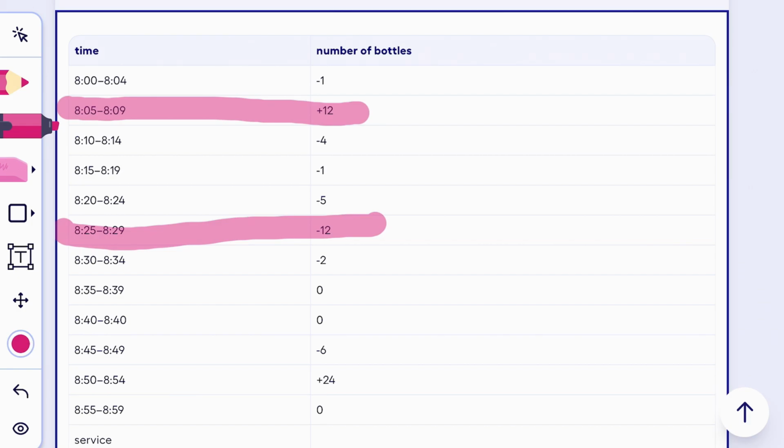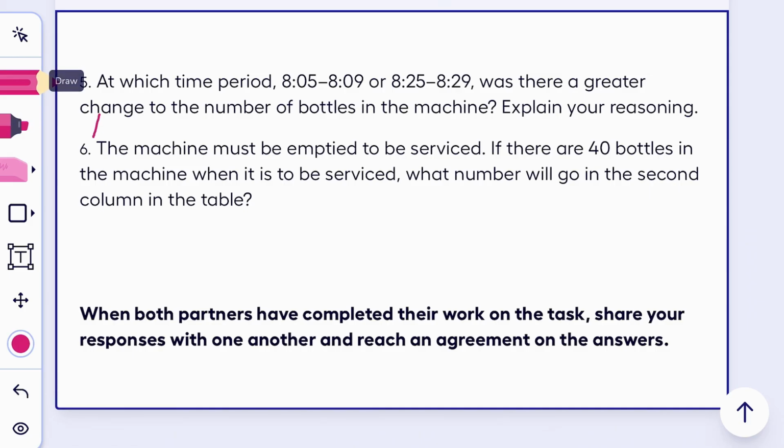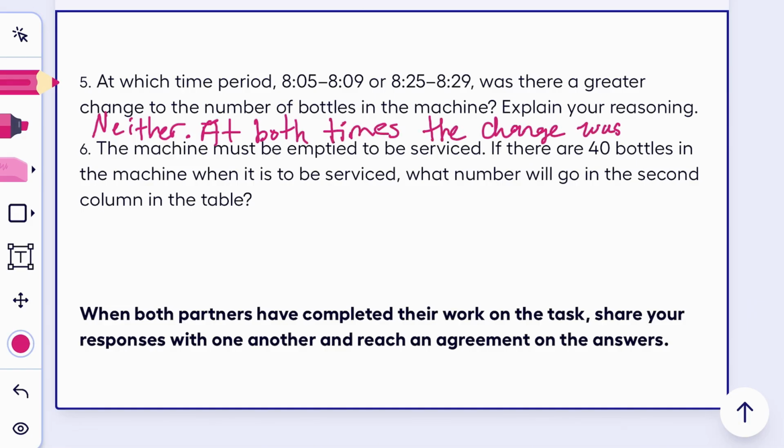So they both changed by 12, except for one time they were adding 12 bottles to the machine. For the other time, they were taking out 12 bottles. Neither. At both times the change was 12, or at least the absolute value of 12.